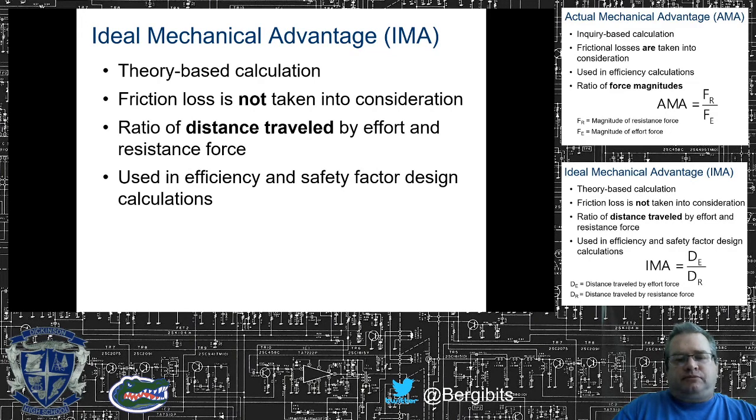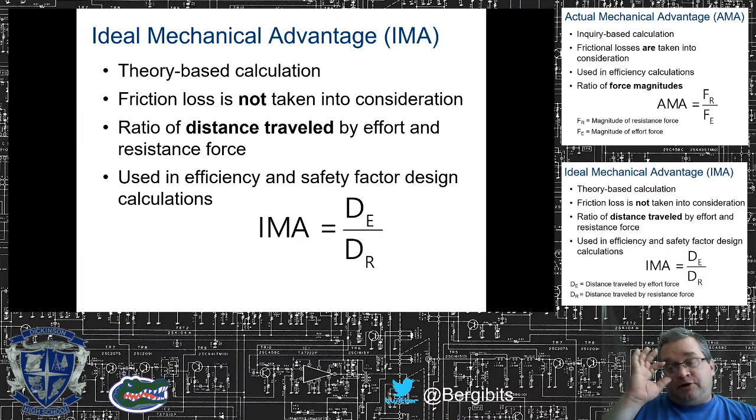IMA: friction is not taken into consideration. It is the ratio of distance traveled by effort and resistance force. Here's your formula: IMA equals dE over dR. I'm going to keep the definitions up on the right as we go through the lesson, so you can quickly refer to those formulas.